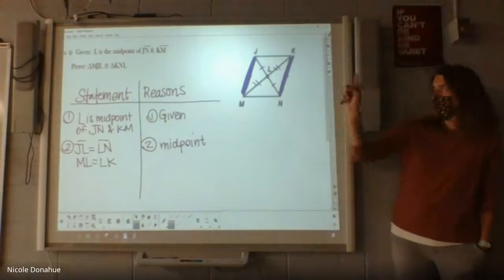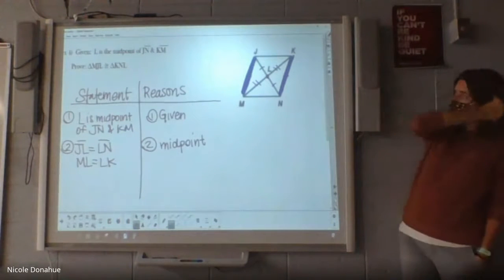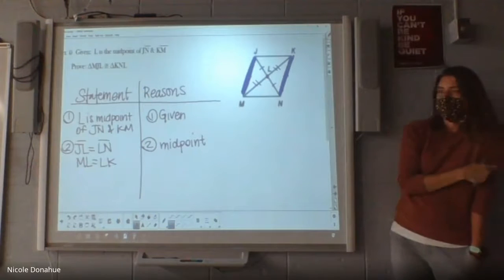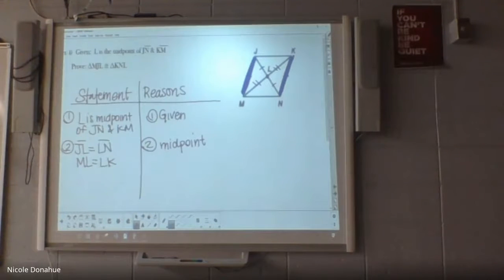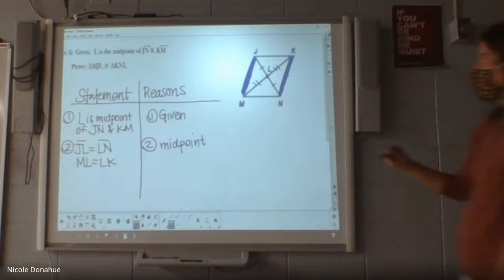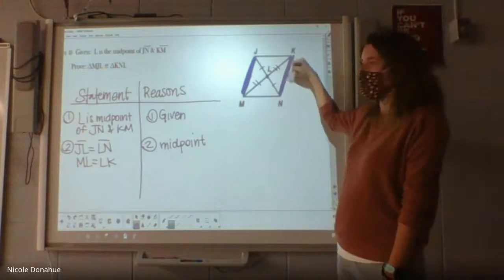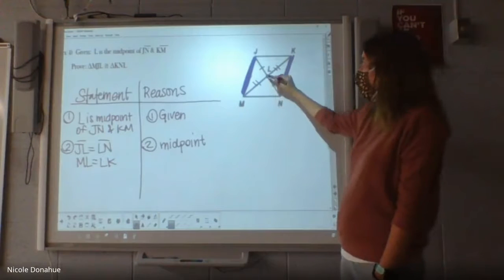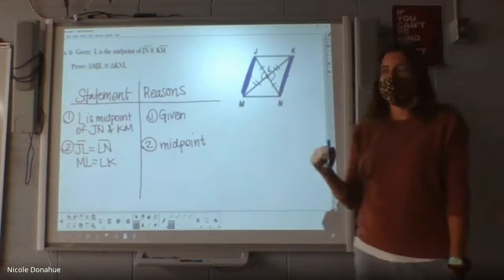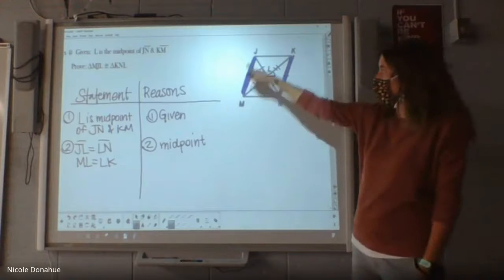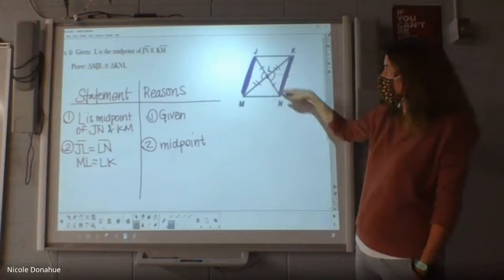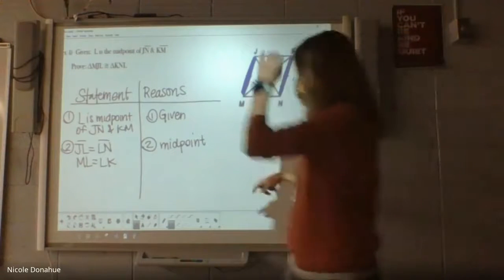Now again, because we have to ignore those lines they had marked, what else do I know? Vertical angles, yeah. If you're ever not sure, look for some of those gimme things, like a shared side or vertical angles. There are vertical angles here, and there are two sets of them. I want these two because they are helpful for the triangles I'm trying to prove. I'm trying to prove these two triangles are equal.